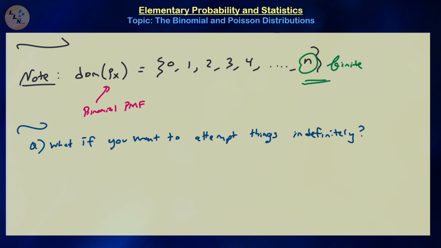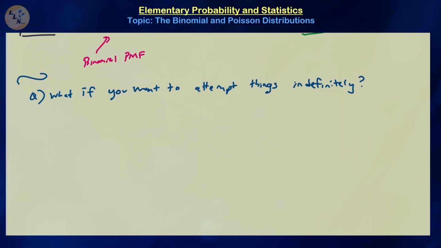So we are assuming still that each of these trials are independent of each other and we have a fixed probability of success, p. So what we can do is slightly modify the probability mass function for a binomial random variable.